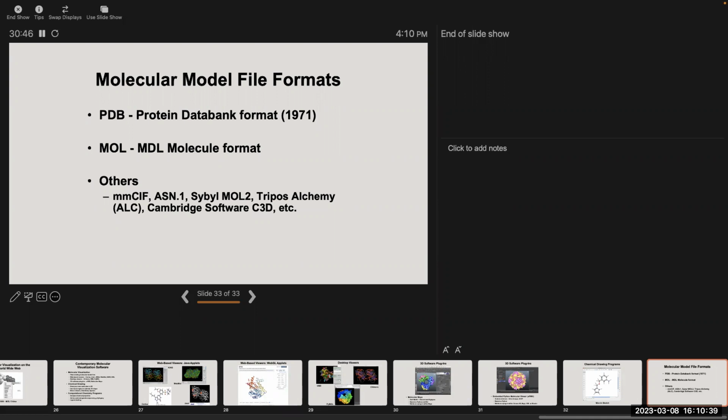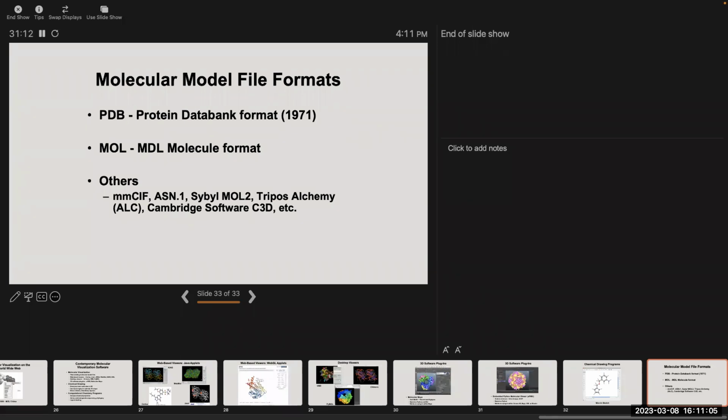So if you see a file that's hemoglobin.pdb, that means it is a PDB file of the hemoglobin molecule. And the PDB file ending is short for Protein Data Bank. So it's a file format that was developed specifically for that Protein Data Bank when it was created back in the 1970s. And that format is still around.